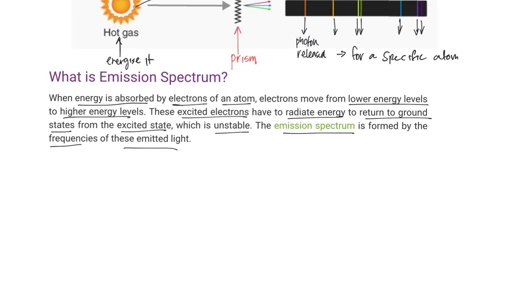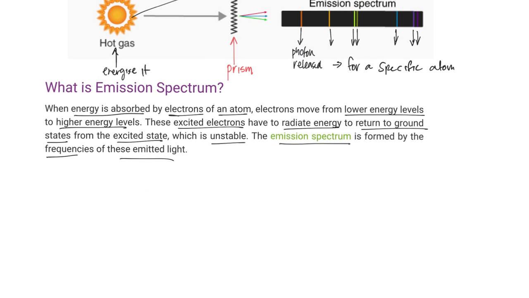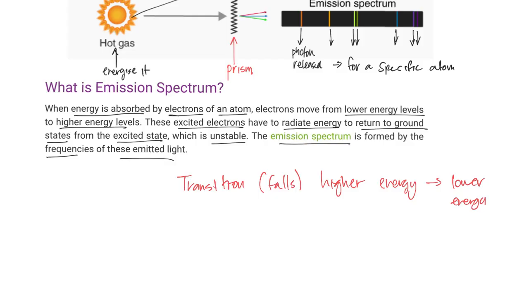Also, you need to understand that when an electron makes a transition, it means it falls from higher to a lower energy. Then we know a photon is emitted.